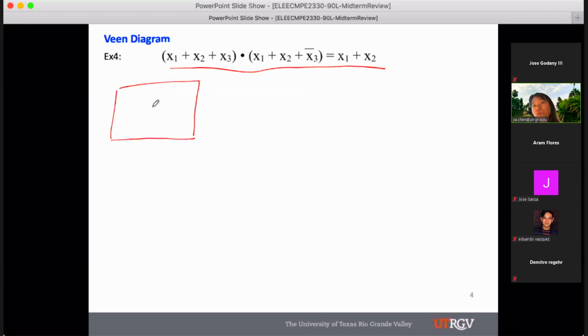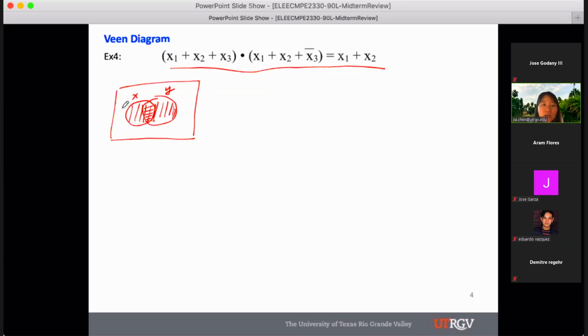Usually we use a rectangle or square to represent the universe. Then you use circles to represent each single variable. If you have, let's say, X and Y, that's how you do it. And intersection means AND, right? And the union means OR. So that's the main thing here.